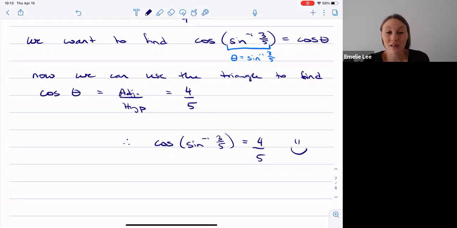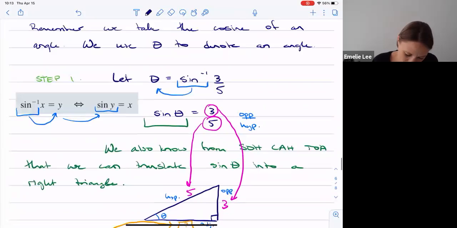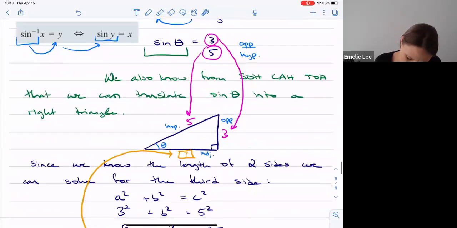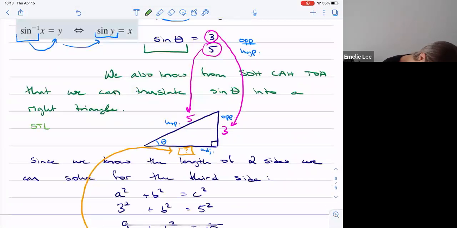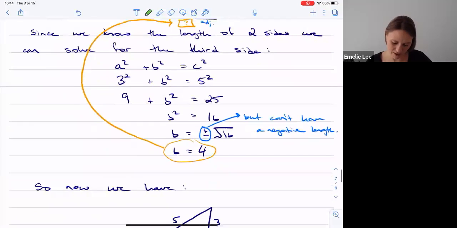So it looks really hard to solve, but if you remember this one, and you know what I did? I said step 1, and then I never gave you a step 2. So how about I fill that in? Step 2 is to map out the triangle. Step 3 is to find the missing side.